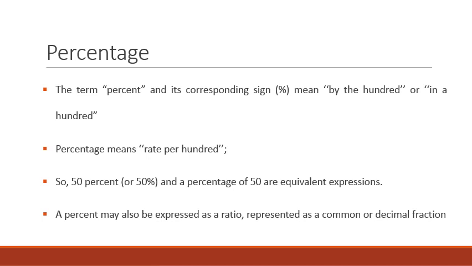So if you are saying 50% or percentage of 50, these are equal expressions. A percent may also be expressed as a ratio, represented as a common decimal fraction. So if we are writing the fraction of 0.50, that's also equivalent to 50%.